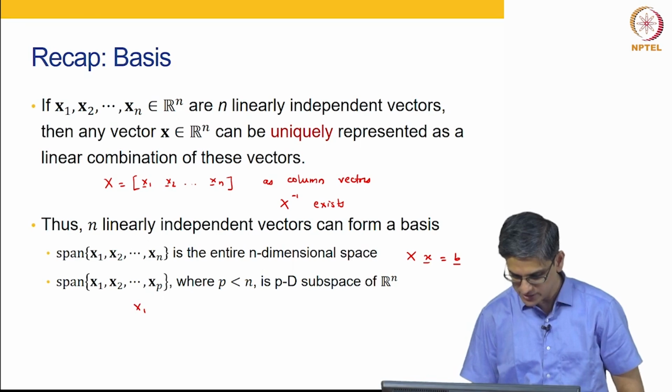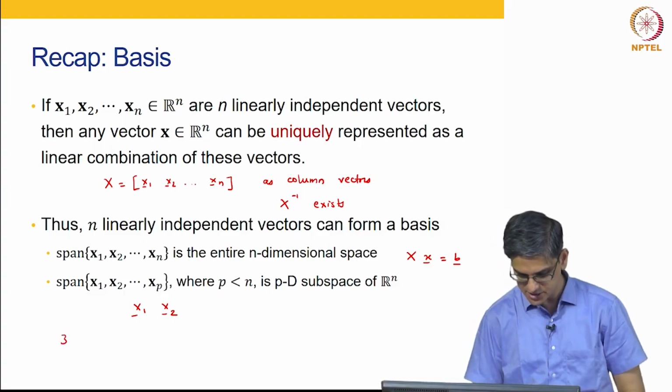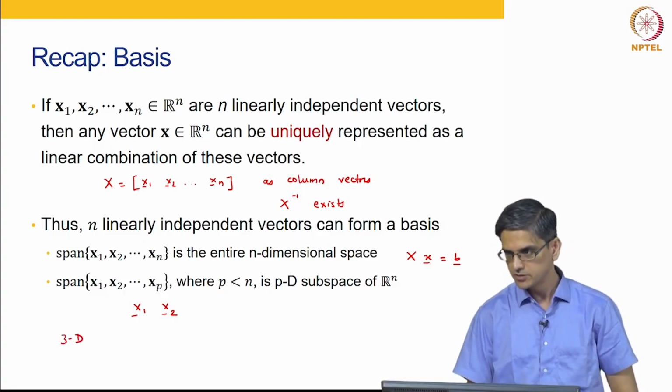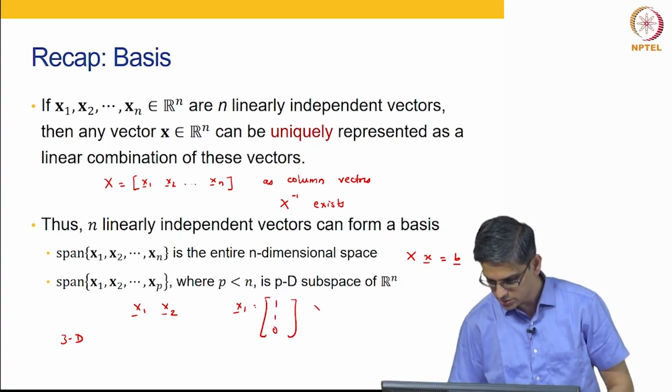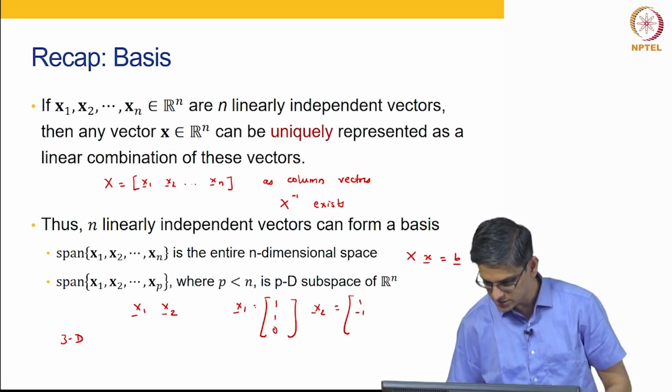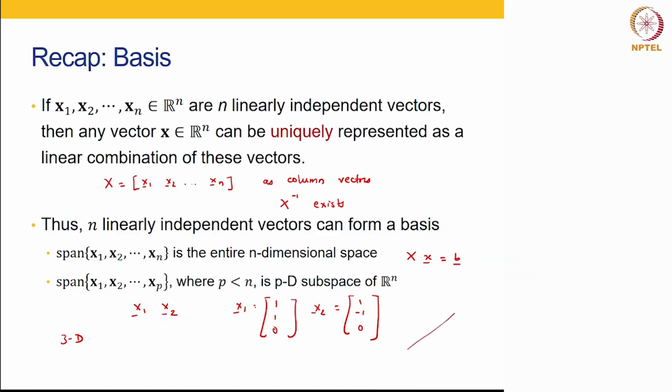Let us say you have x1 bar, x2 bar are vectors in let us say 3D space, right. So, let us say x1 bar is 1 1 0, x2 bar is 1 minus 1 0. What does that mean? It means that in a 3D space like this, you have your 1 1 bar as this guy, 1 minus 1 bar as this guy, okay.